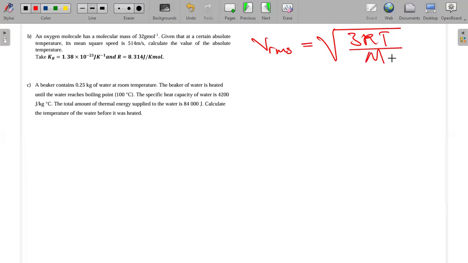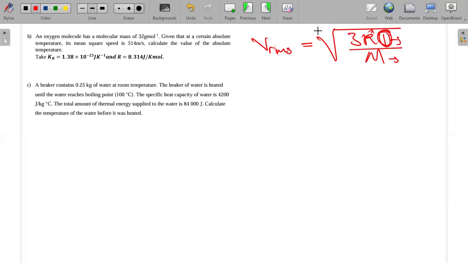So we have the molar mass here, the absolute temperature, the universal gas constant, and the root mean square speed itself. What are we looking for? We are looking for the value of the absolute temperature, which means I'm supposed to make my absolute temperature the subject of the formula.